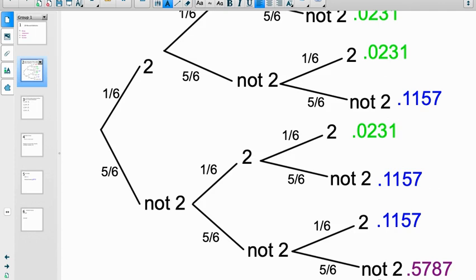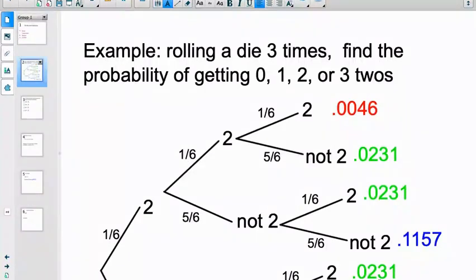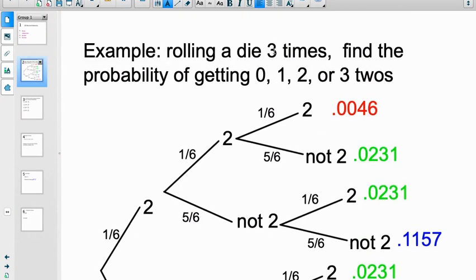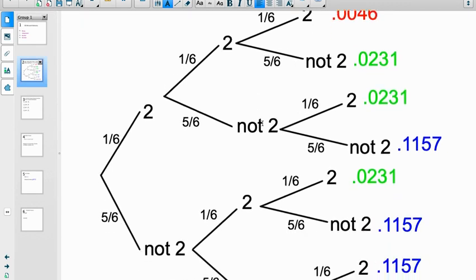Now for problems like this, where you're only doing it 3 times, you can draw out a whole tree diagram. But if we were rolling a die 10 times and wanted to find the probability of getting 3 twos, it would be a much larger tree diagram.